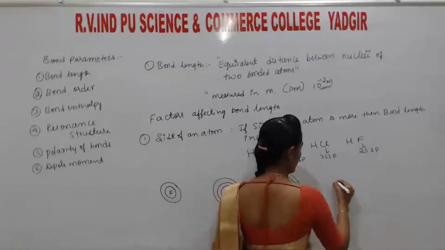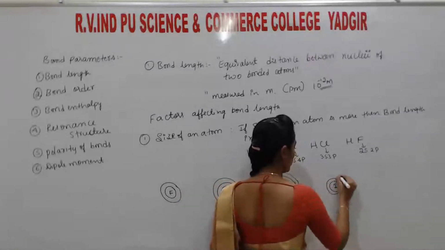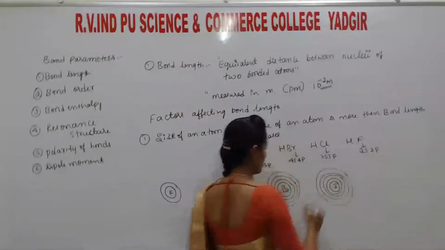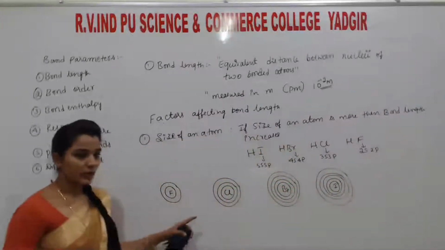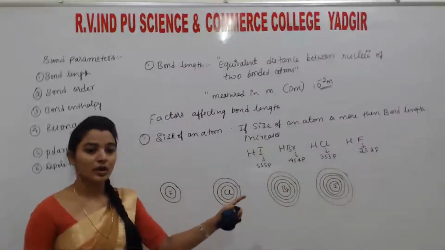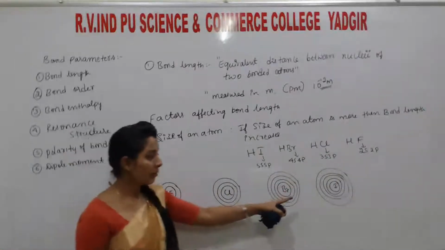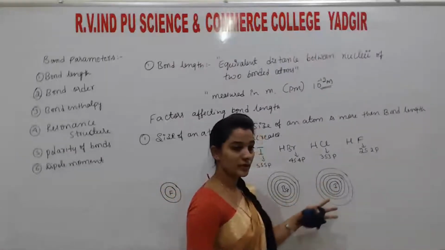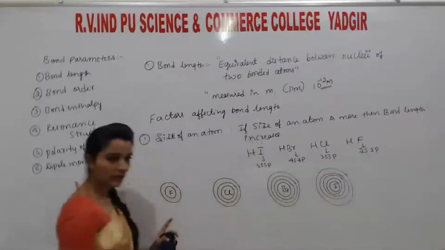And this is iodine, 1s, 2s, 3s, 4s, 5s. So students, we know here, this is fluorine, chlorine, bromine, iodine. The size goes on increasing when the number of shells is added here. The 1, 2, 3, 4, 5 size is more compared to this, and this.